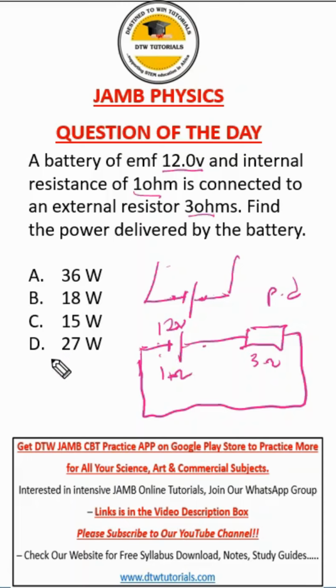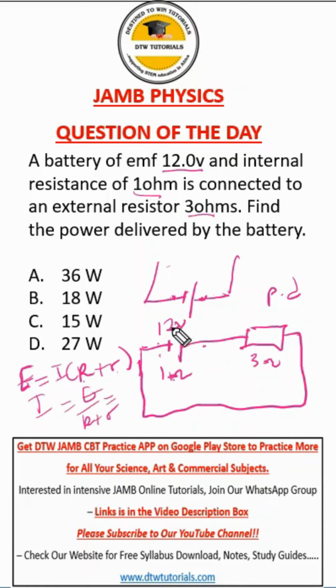Remember our formula: E, the total EMF, is equal to I times (R plus r), where R is the external resistance and r is the internal resistance. We're looking for I, so we divide: I equals E over R plus r.